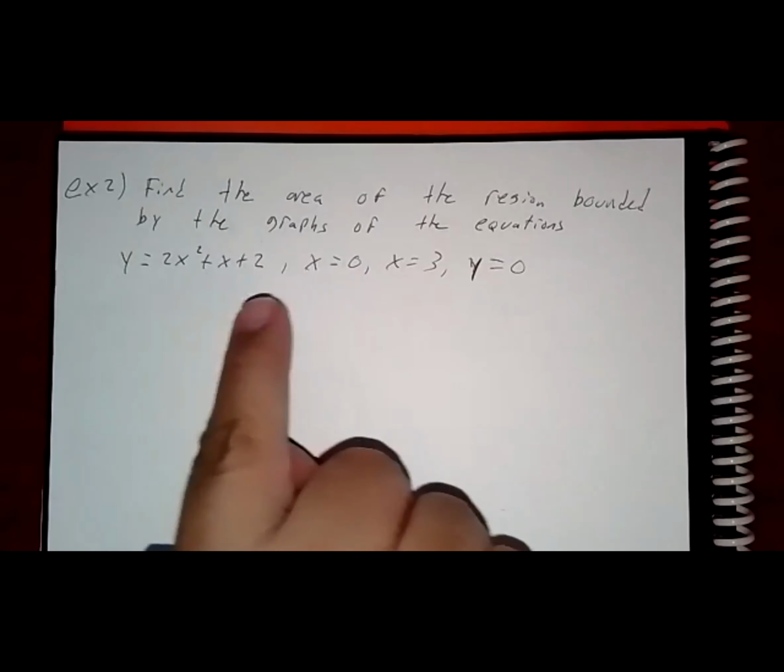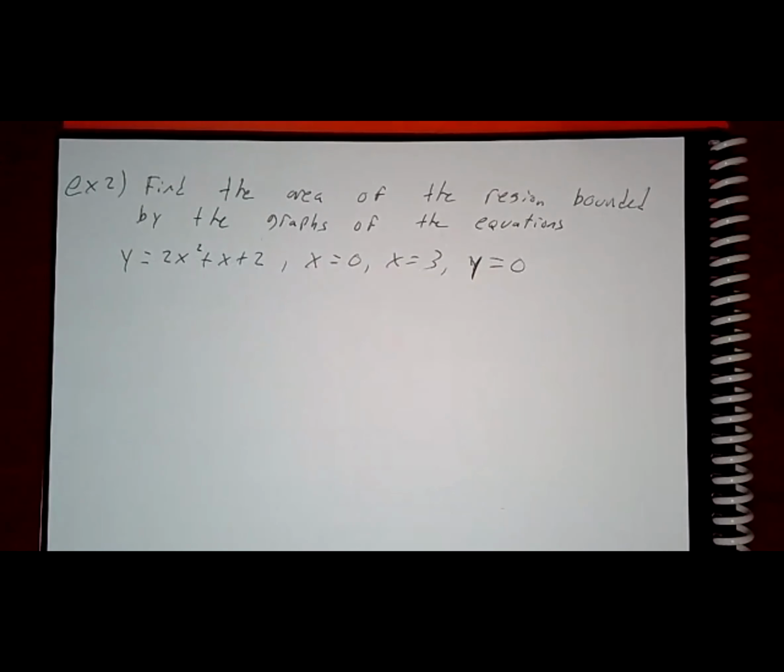So these are four different graphs that we're going to intersect together and then find that region of intersection, find the area in that spot, I guess.